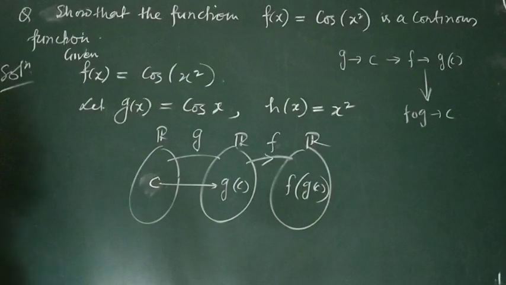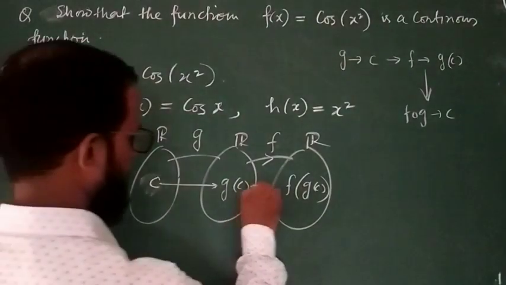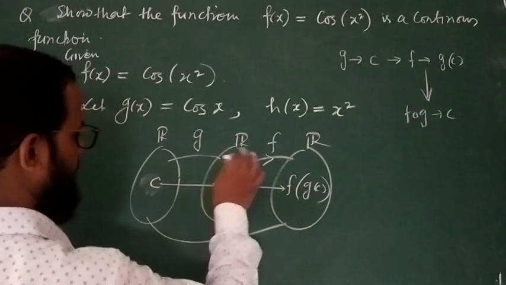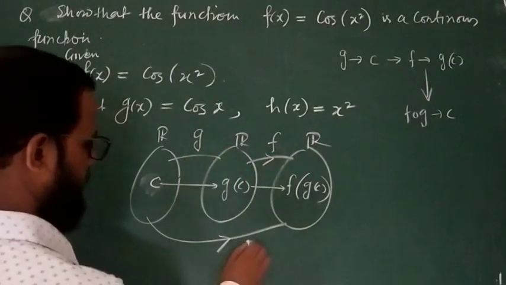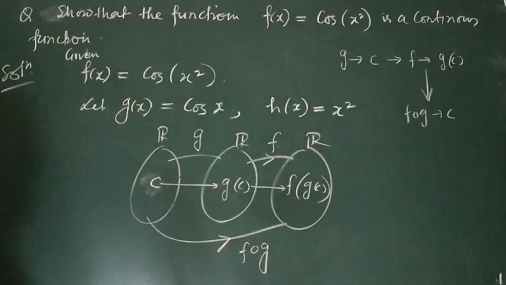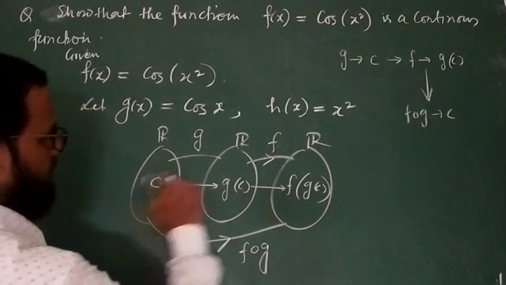Now the composite function starts with g and ends with f. We symbolize the composite function as f composite g, which is a function from this set to that set.